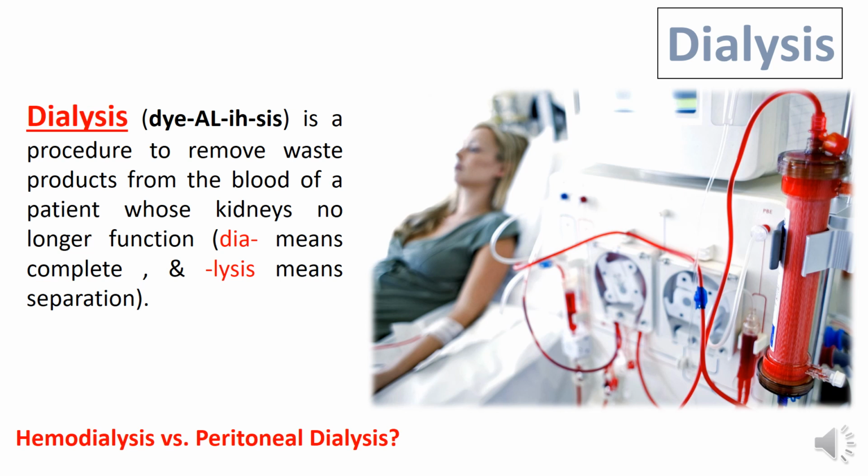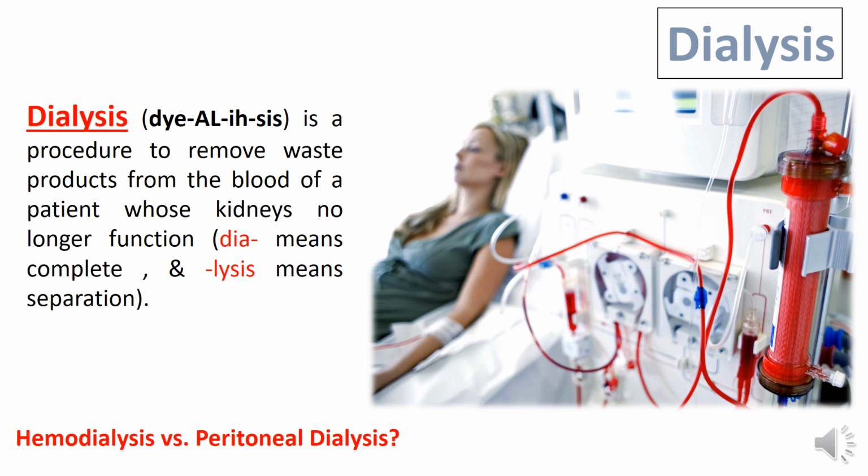Dialysis, in Arabic الغسل الكلوي, is the procedure to remove waste products from the blood of a patient whose kidneys no longer function, or patients with advanced renal failure. Dia means complete.